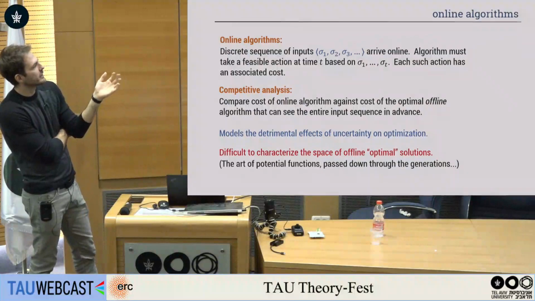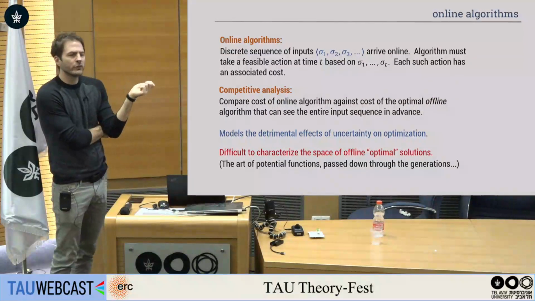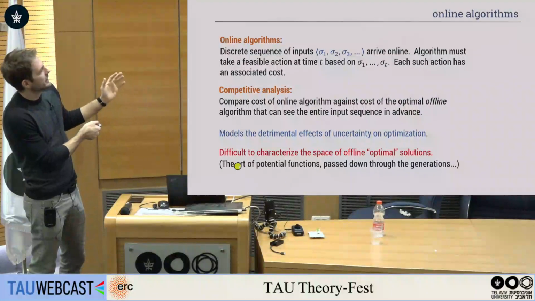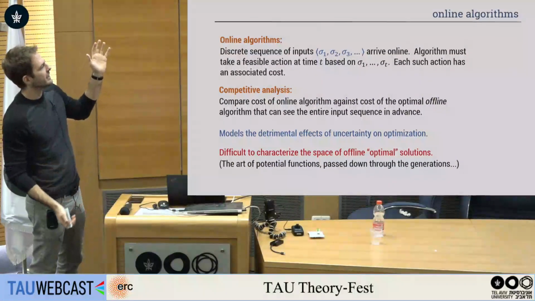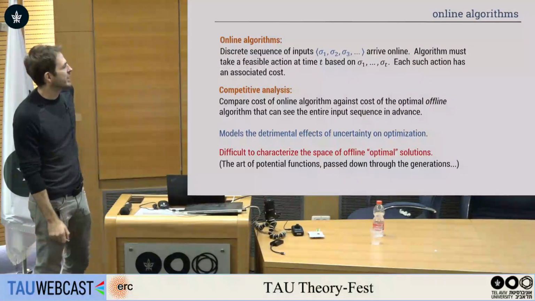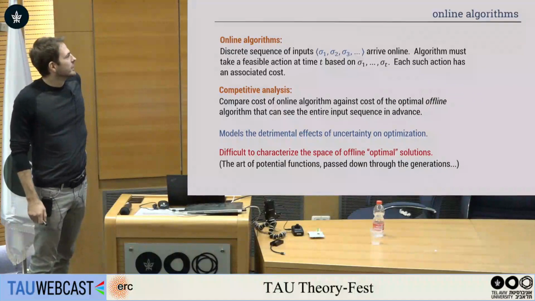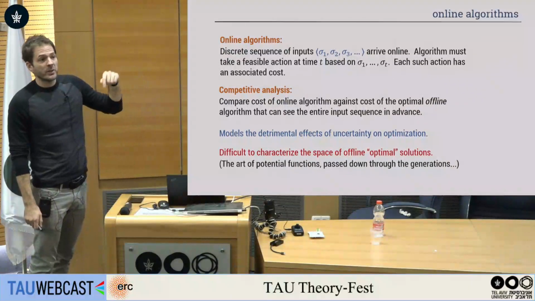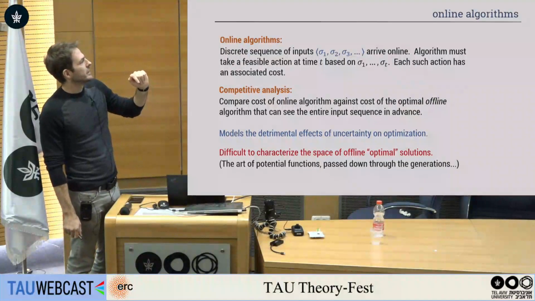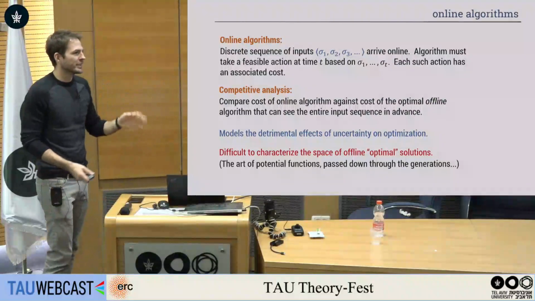I had a reading group when I became faculty on these things, and the reading group didn't go very well because there's this art of designing these algorithms and associated potential functions. It's beautiful, but art is subjective and hard to understand. True. In my defense, by the way, after Subhash's talk, I think the same year I had a reading group on the unique games conjecture and max cut, and Prasad Raghavendra was in the reading group, so that reading group went better.